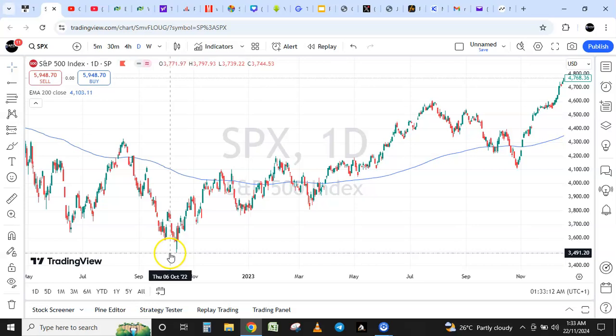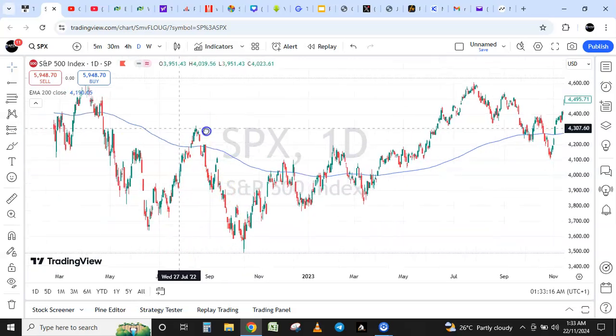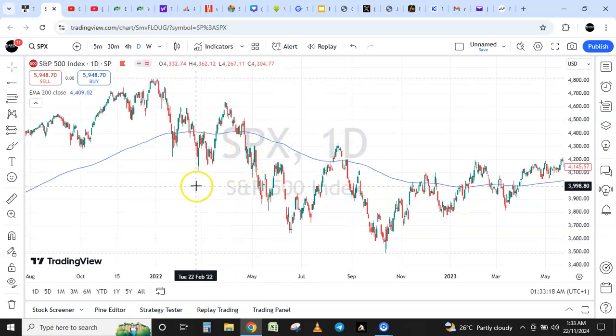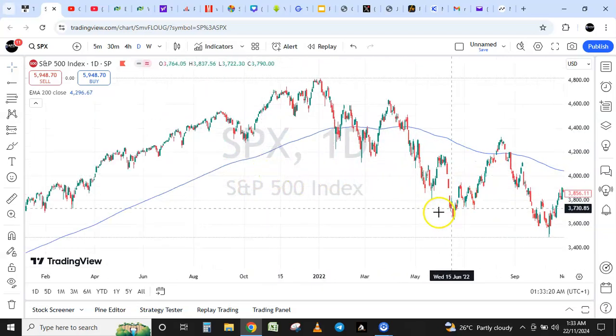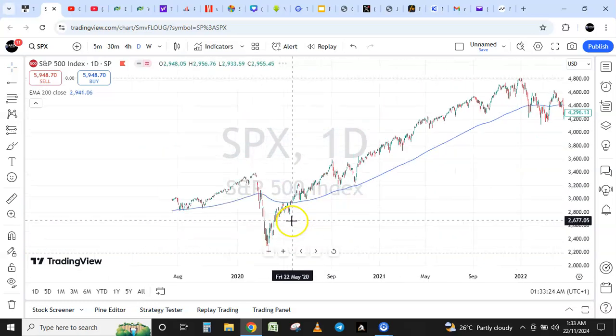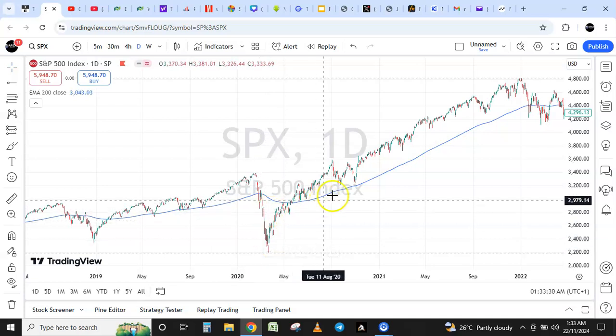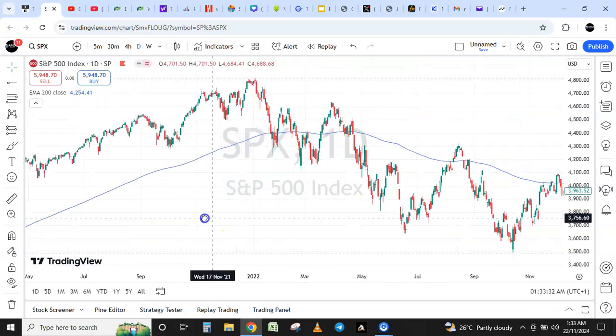This is October 2022. This is when the Federal Reserve started raising interest rates. You can just do some findings. You can see this is also 2022. If you go down very well, you see this is the 2020 COVID period. Price was below the moving average. So this is one of the ways to use the moving average.